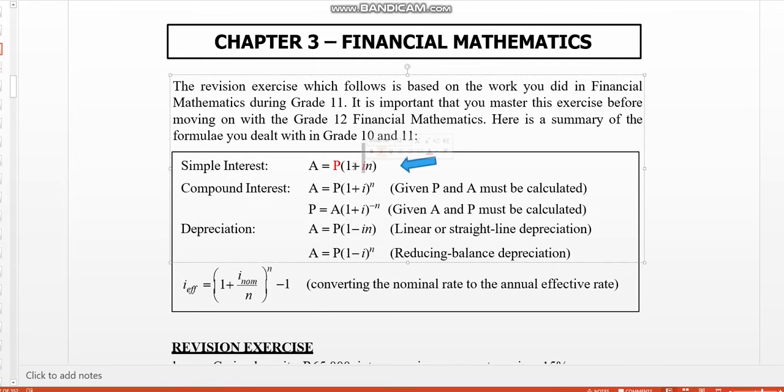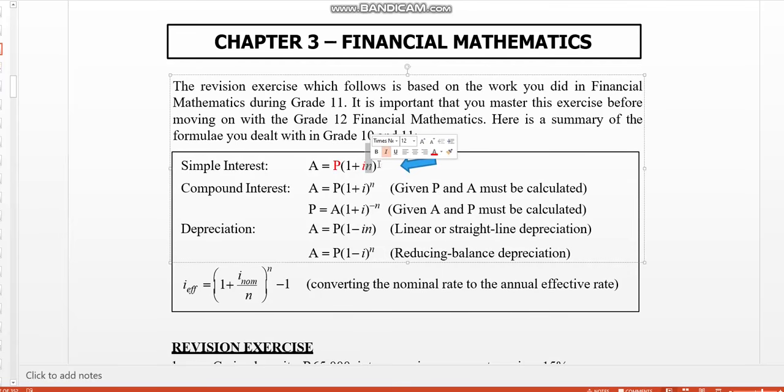So if it's 50,000, they're going to add an interest rate of maybe 10.5 or 12 or 11. That interest rate is the money that will be added on top of the initial amount that you have requested from the bank.